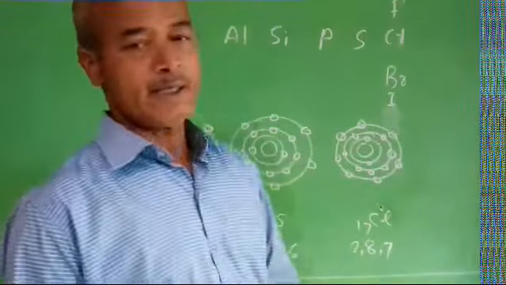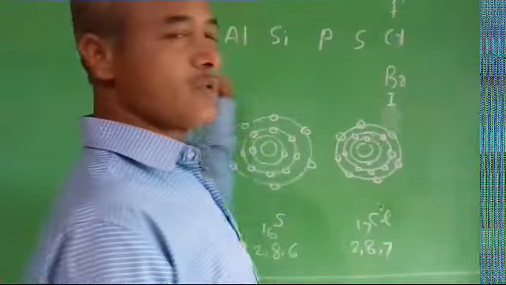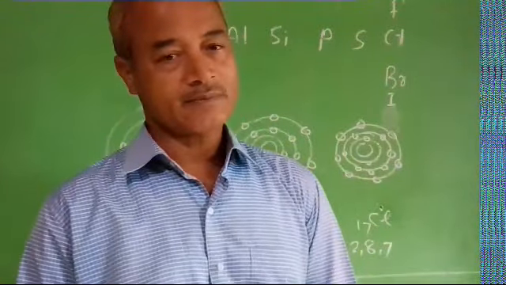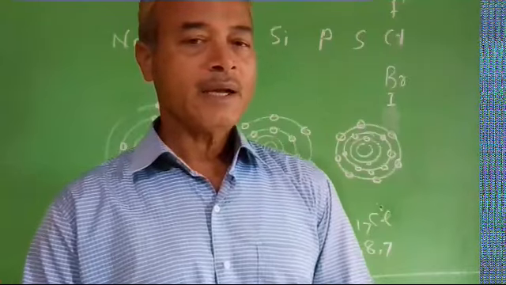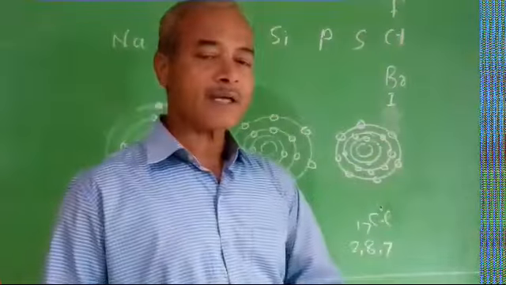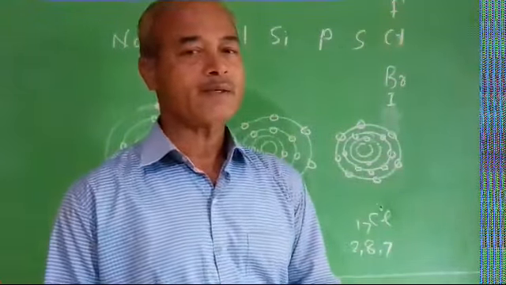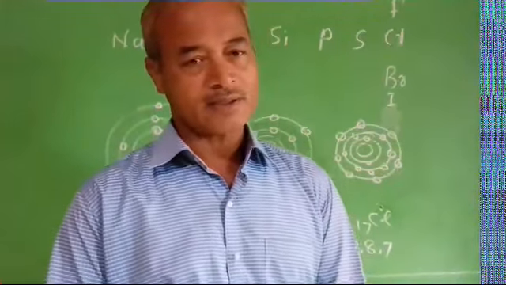As we have studied in the earlier part of this lesson, as we go from left to right, the atomic size decreases. Radius of atom decreases. And the valence electrons are pulled with more force of attraction by the effective nuclear charge.